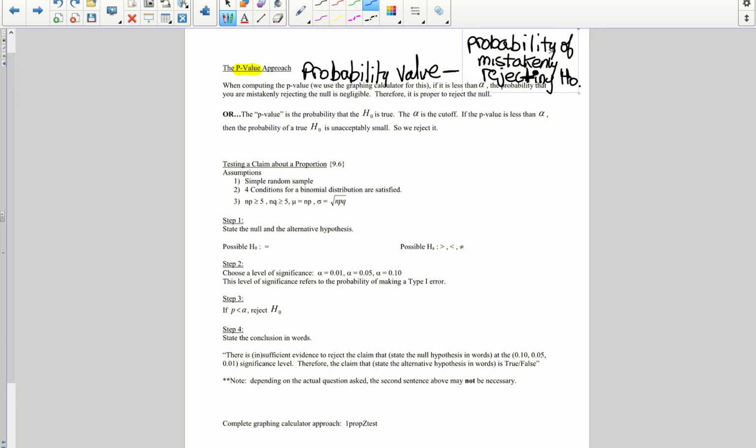In fact, you could even think of the p-value and alpha as the same thing, except that the alpha value is the cutoff, right? It's the desired p-value. If you're below that alpha value, you're in the safe zone. If you're above that alpha value, you're not, right? With the idea being that you want to be as close to zero as possible.